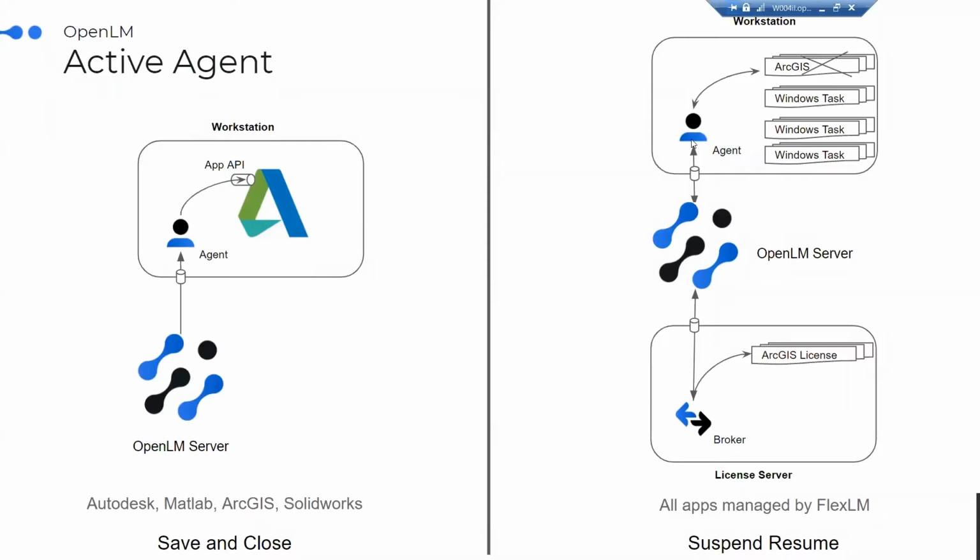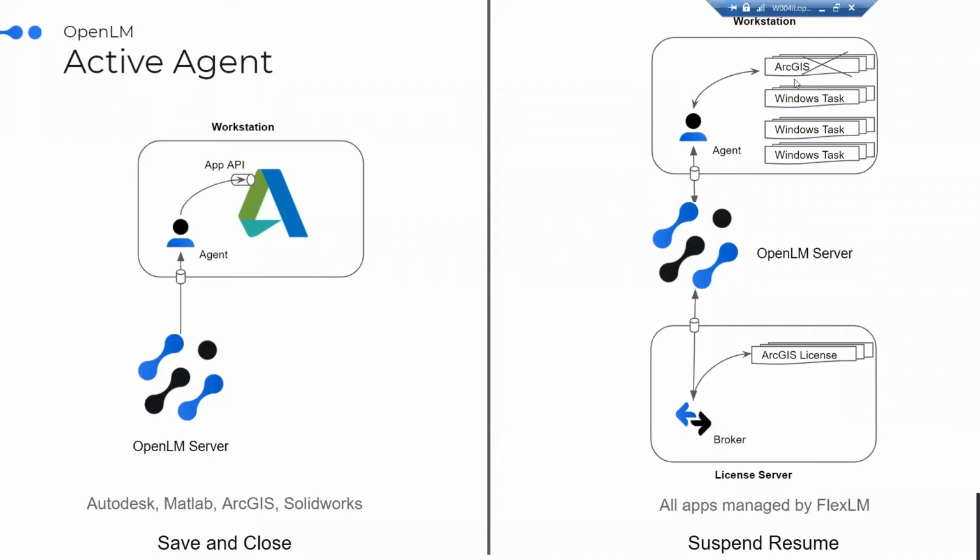The same OpenLM agent can suspend the application and tell the server to tell the broker that now it can do an LM remove, basically grab that license back into the license pool. And because the application is suspended, it will not try to request it back.